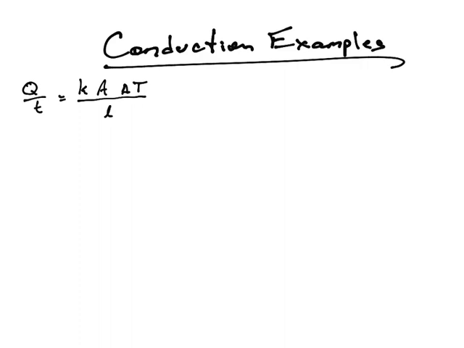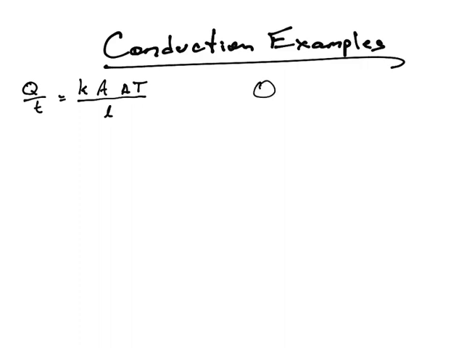And what we found is we can basically ask a couple of different types of questions. One is, what is the heat transfer rate, or how much energy per second is passed through this particular object if the temperature on one side is this and the temperature on the other is that. The other way we can ask it would rewrite this equation by asking how much energy is transferred through this object in 10 minutes or 5 hours or something like that.